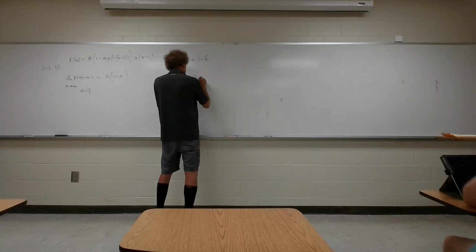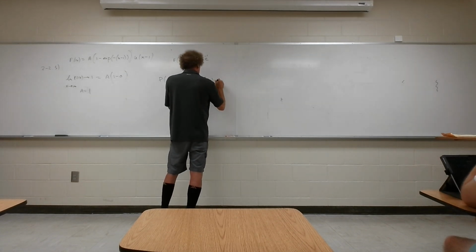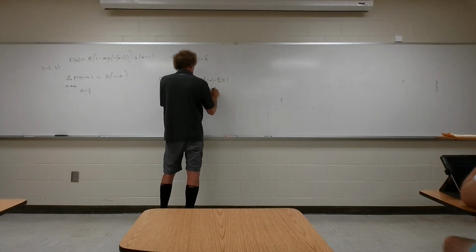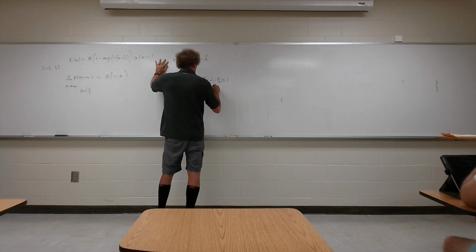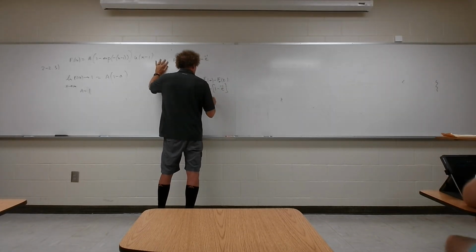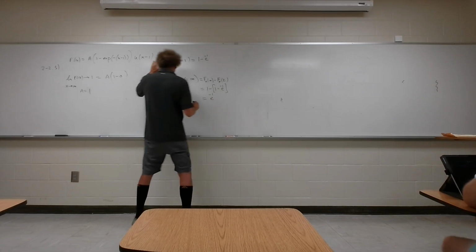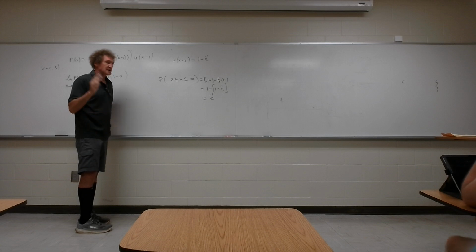So this is going to be the cumulative distribution function at infinity minus the cumulative distribution function at 2. In this case, it's 1 minus the quantity 1 minus e to the minus 1, which is just e to the minus 1. And that would be the probability between 2 and infinity. That's one way to do it.